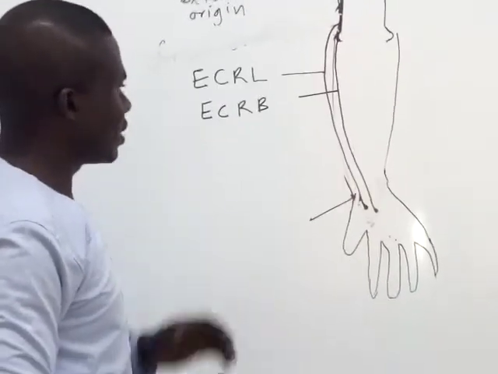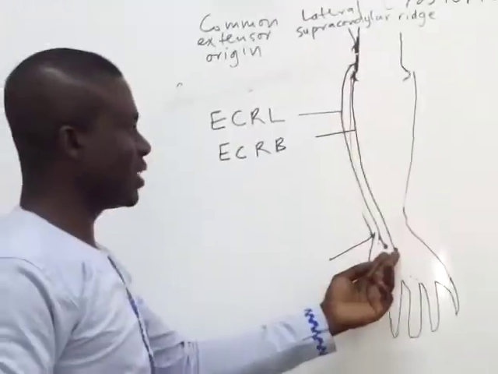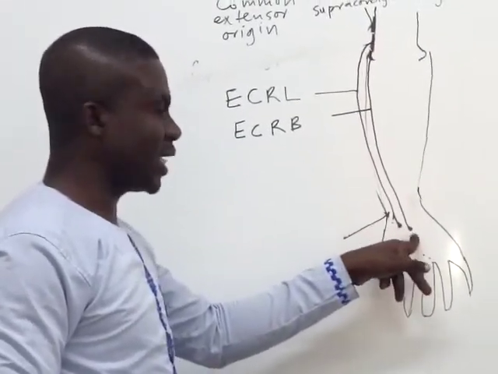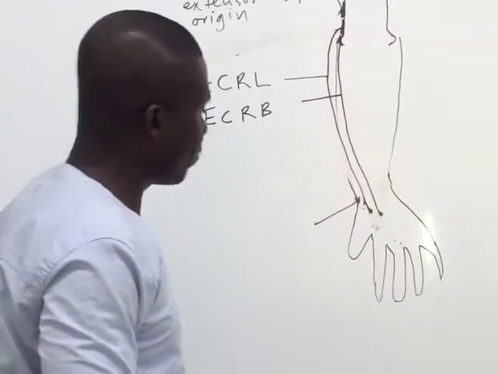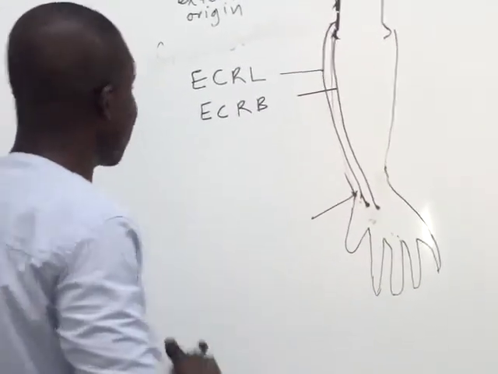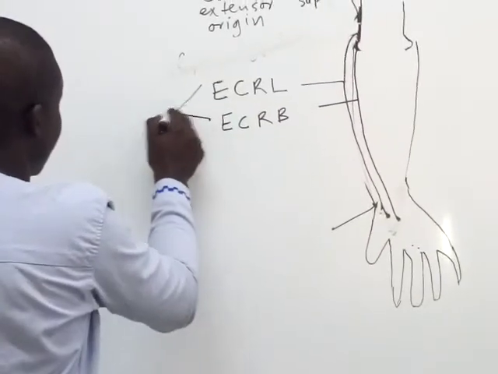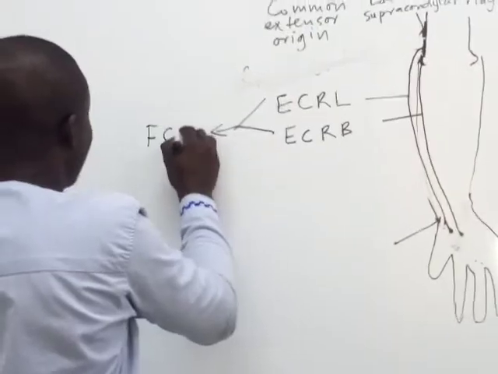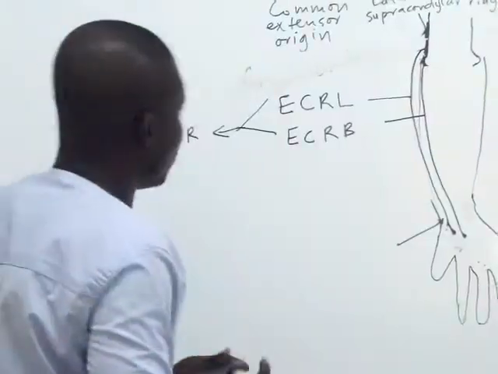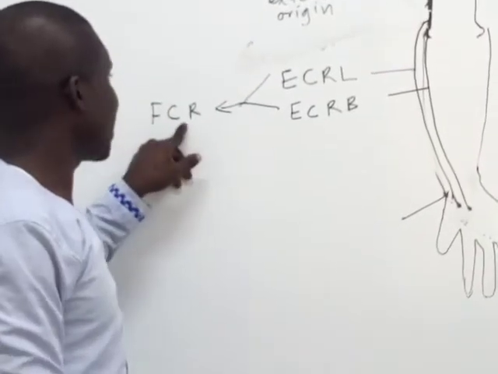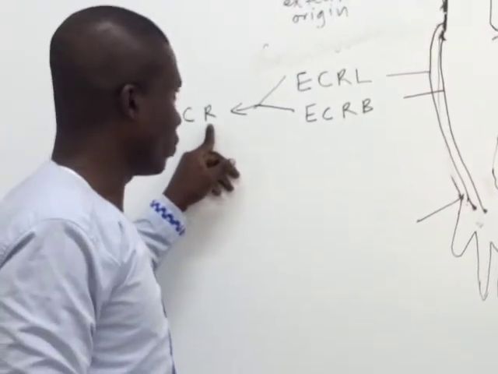Now, these two muscles insert on the posterior aspect of the bases of the second and third metacarpals. We saw in the flexor compartment that there was flexor carpi radialis. So these two muscles are antagonists to flexor carpi radialis that we saw.